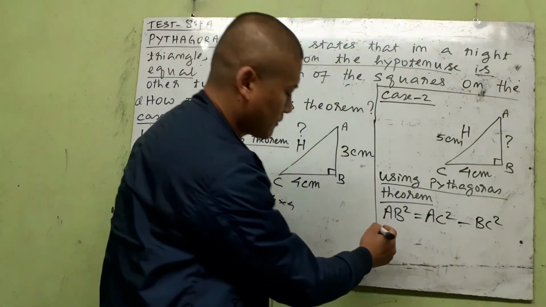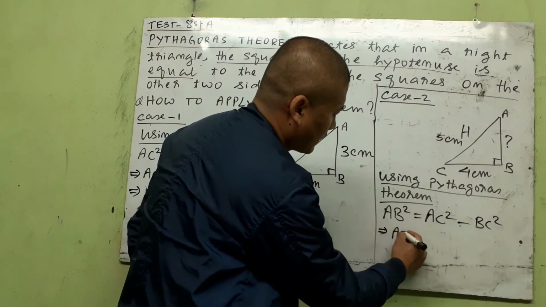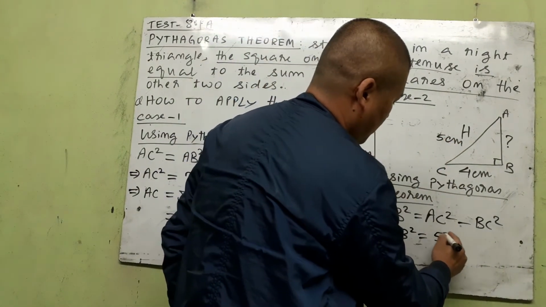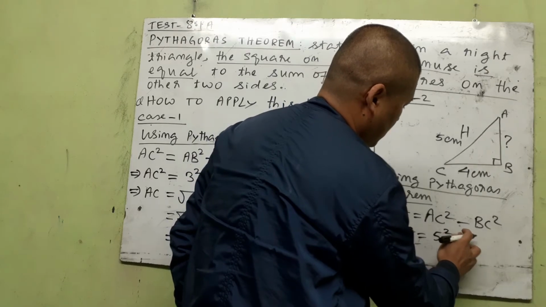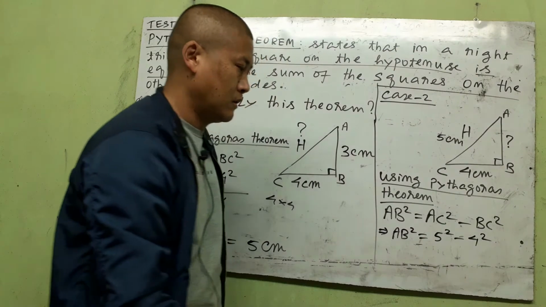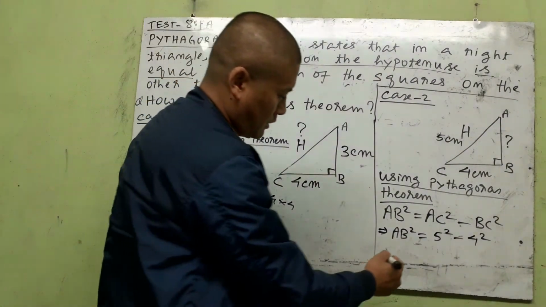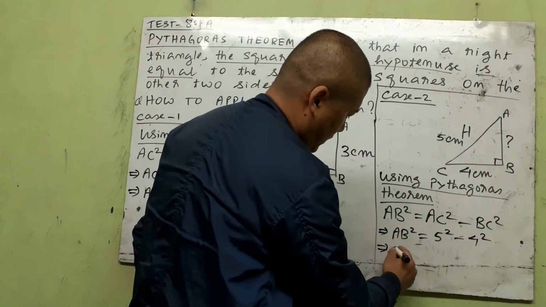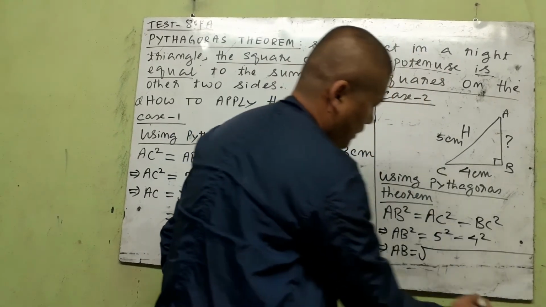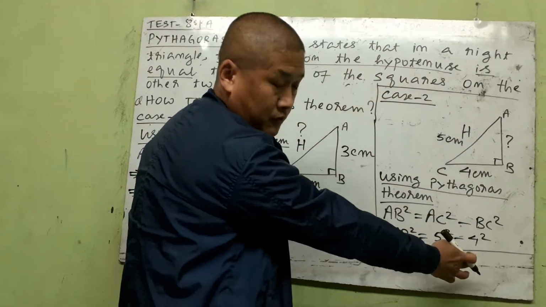Then we write here AB square is equal to AC, which is now 5 square, minus BC, which is here 4 square, right? And we can continue and write that implies AB, if you were to write like that, then root will come here. Square removed means root will come on the right side.